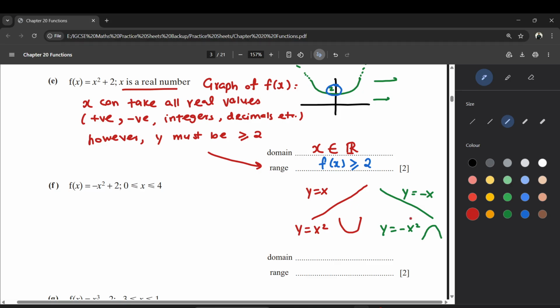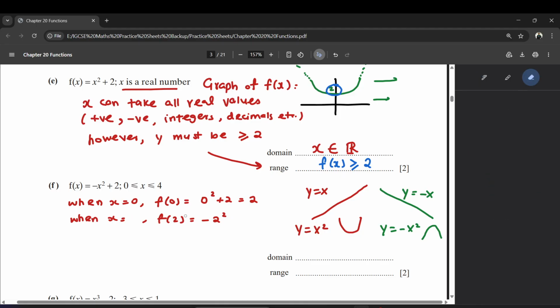Okay, so let us first work out the values for each of these domain values. When x is equal to 0, f of 0 will be 0 square plus 2, so that is going to give me 2. When x is equal to 2, f of 2 will be minus 2 square, sorry, my bad.